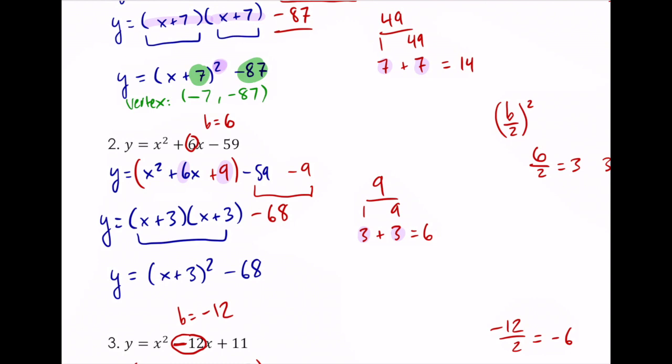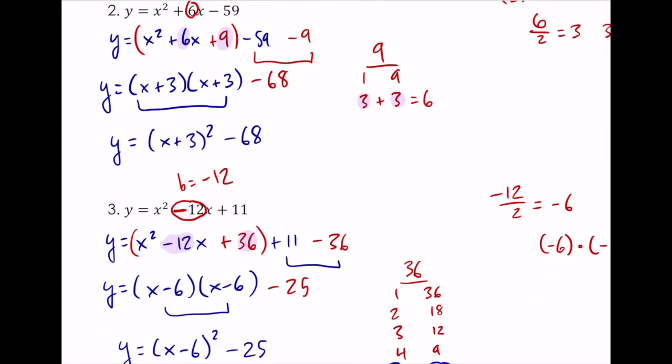So we're going to start to see a pattern here. Whatever this number is, I want the opposite of it. So since this was positive 7, we're going to call it a negative 7. And this last number here is going to stay the same. So since this was a negative 87, it's going to stay a negative 87 in my x comma y pair.